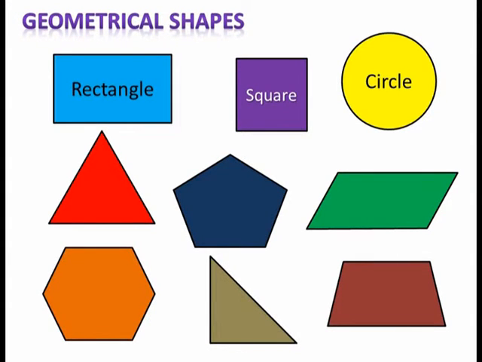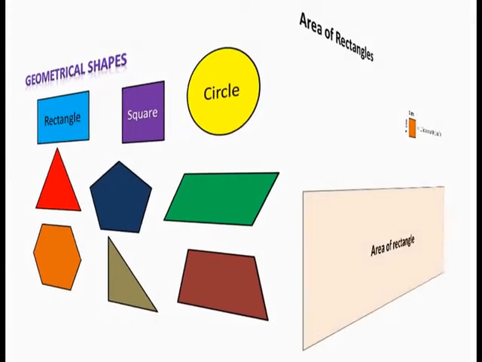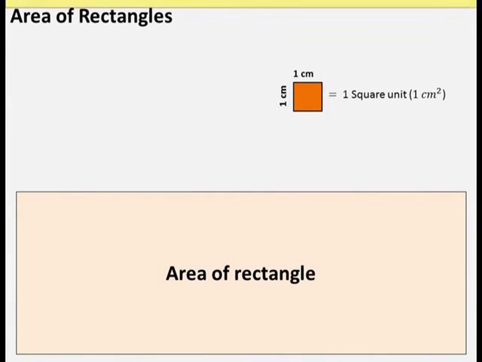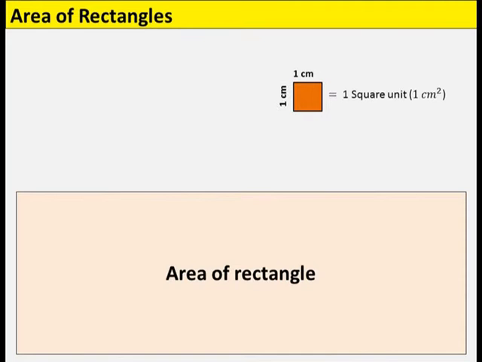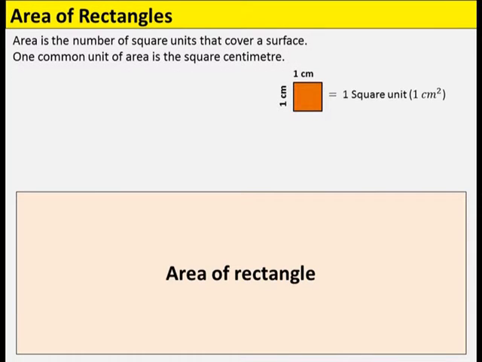Geometrical shapes, areas of rectangles. Area is a number of square units that cover a surface. One common unit of area is the square centimeter.